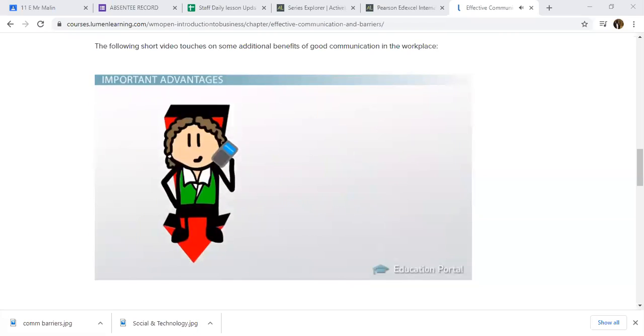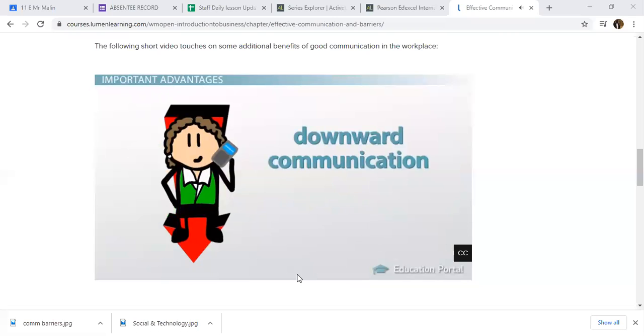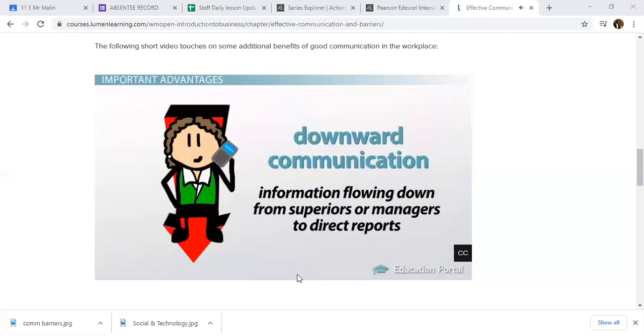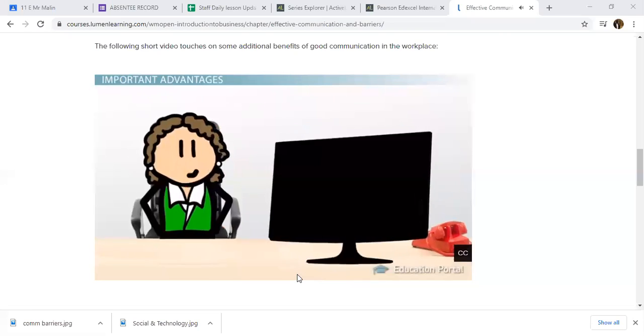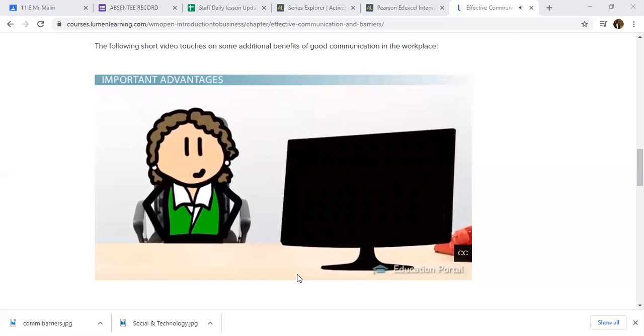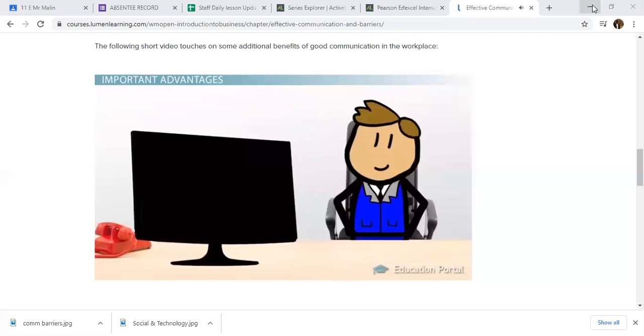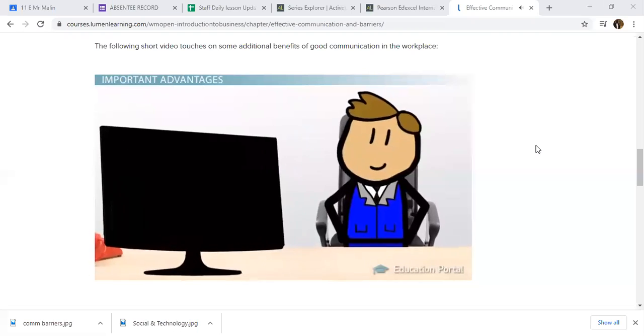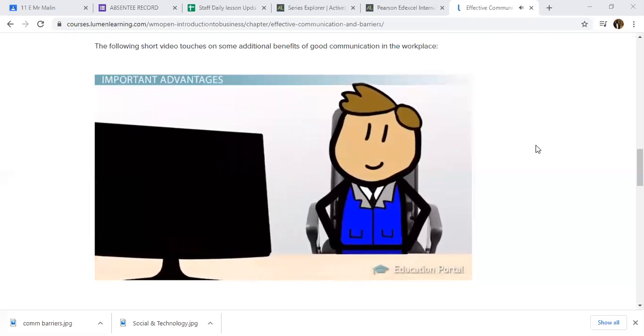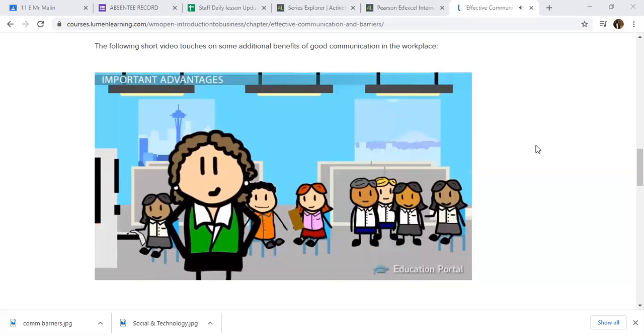In addition, employees are also happy if there is intense downward communication, which is information flowing down from superiors or managers to direct reports. Gertrude recently sent an email to her boss recommending that her department upgrade its design software. Her upward communication feedback was not just acknowledged but also acted upon, resulting in a very happy design team.